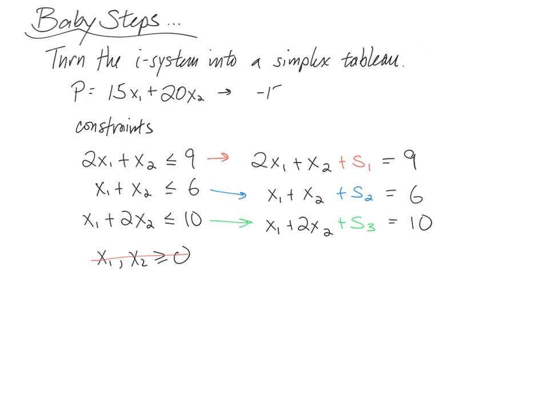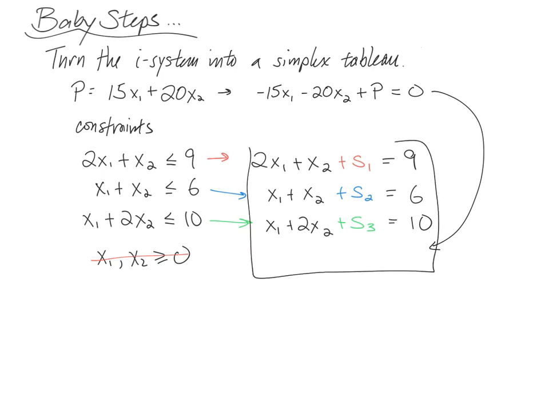So I'm going to subtract 15x sub 1, I will subtract 20x sub 2, and p is already on the left side, equals 0. And the objective function will always be the bottom row of our matrix, or the last equation in our E system. So this would represent the E system, the system of equations that we would use for our simplex tableau.